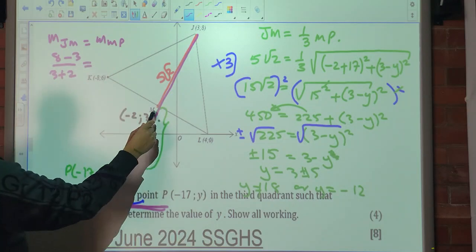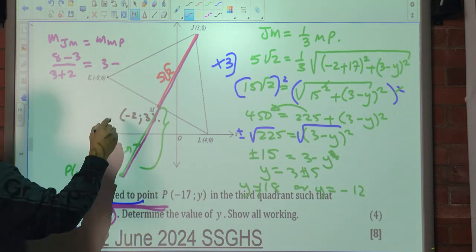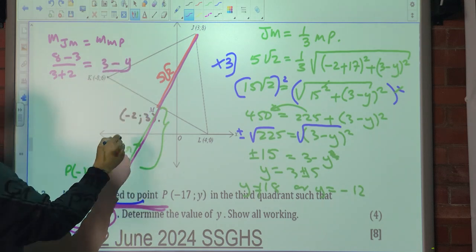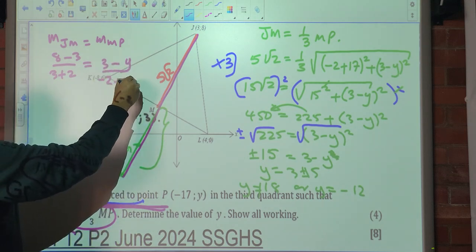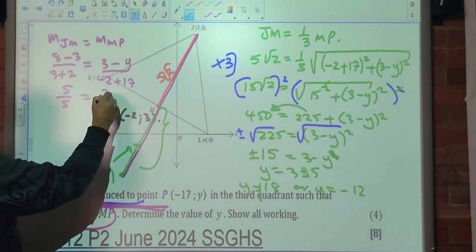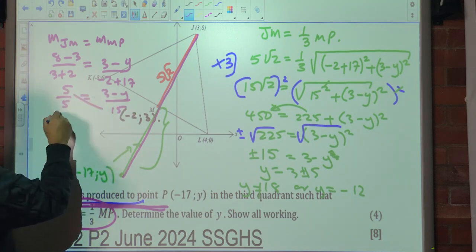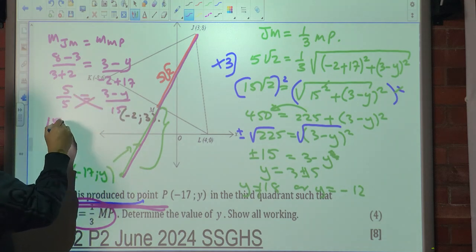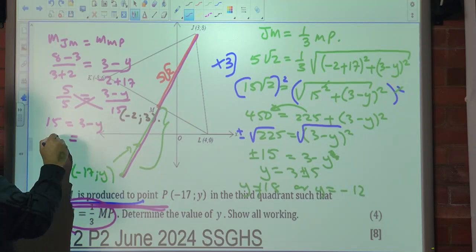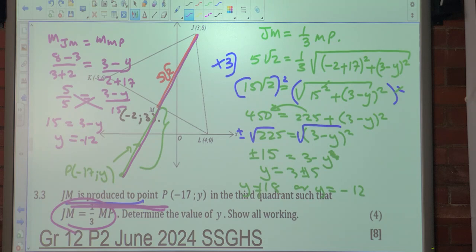It's equal to MP, which is 3 minus y over negative 2 minus 17. So it's 5 over 5 equals 3 minus y over 15. This was now 1. Cross multiply. So you get 15 is equal to 3 minus y. So y is minus 12, which is much easier than what I just did there.